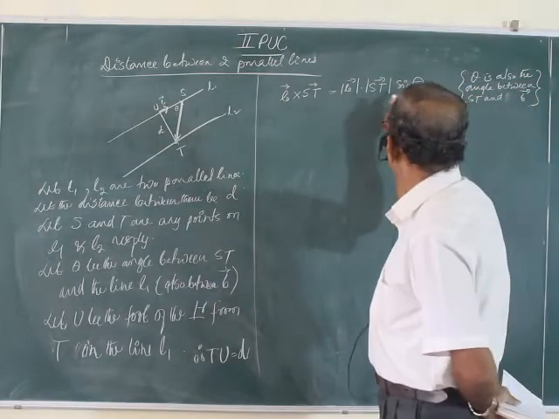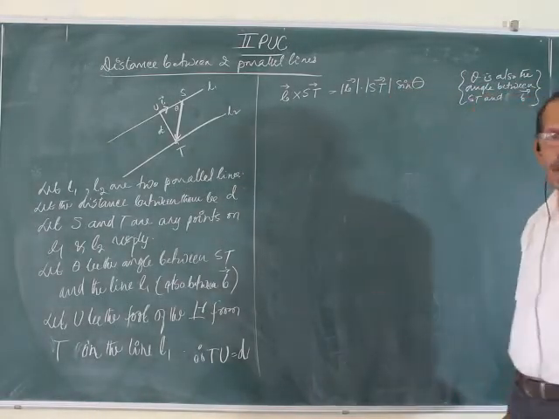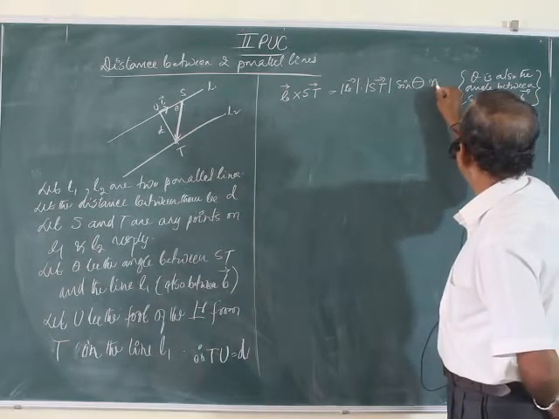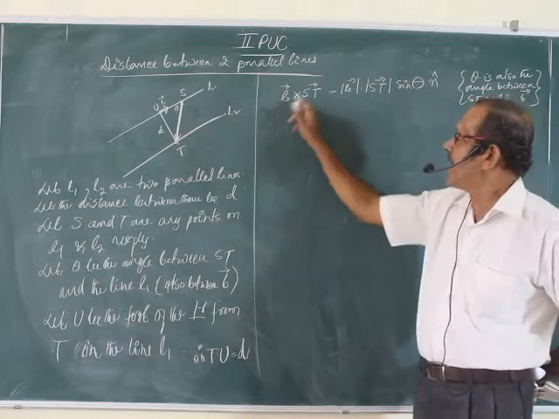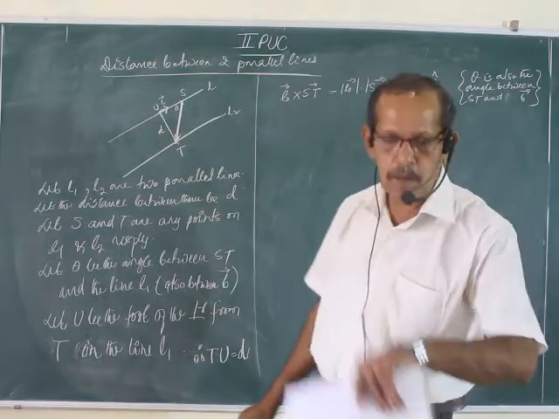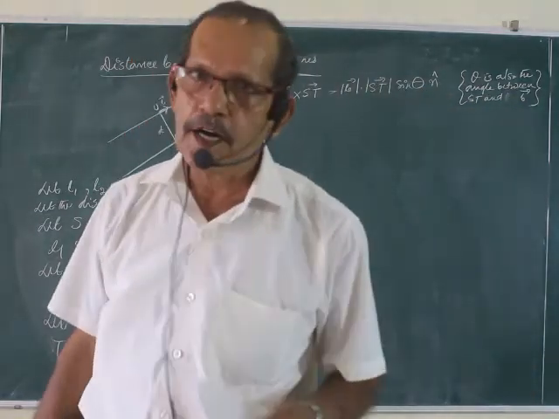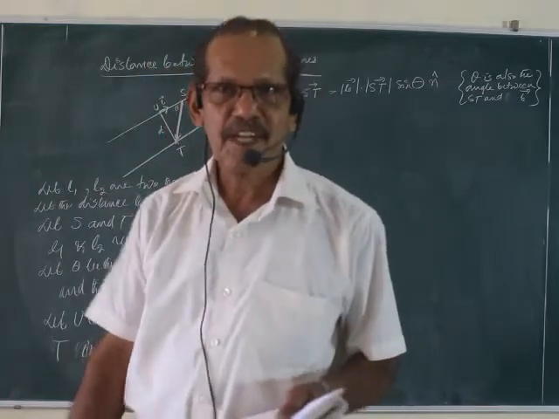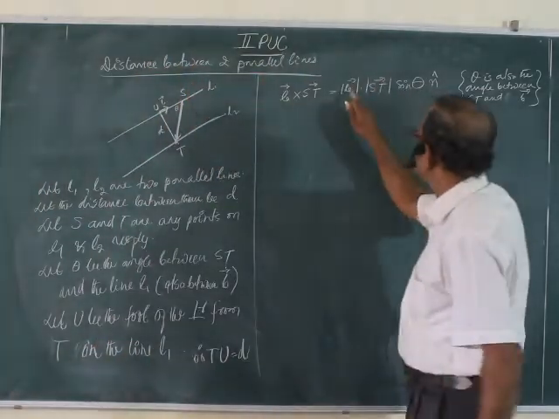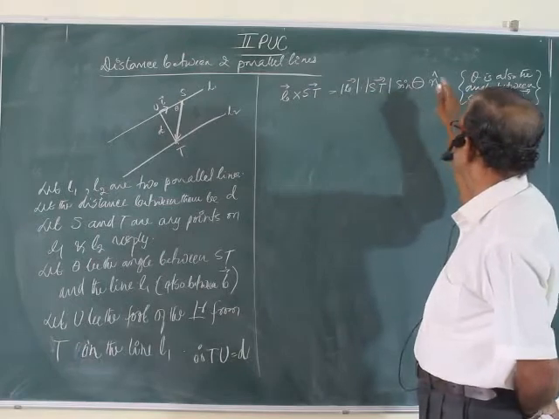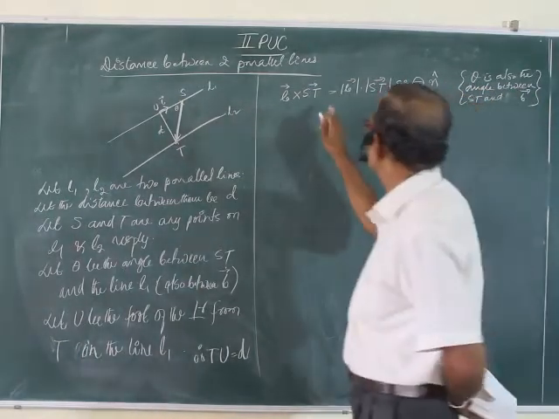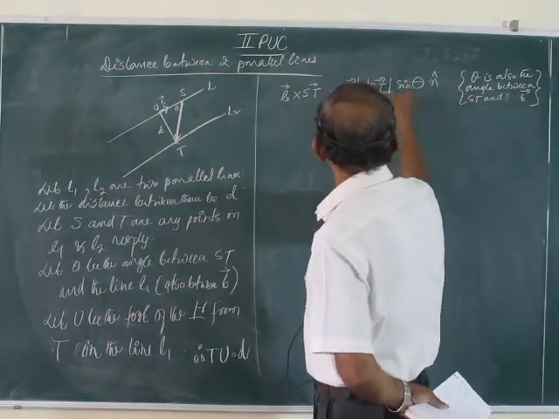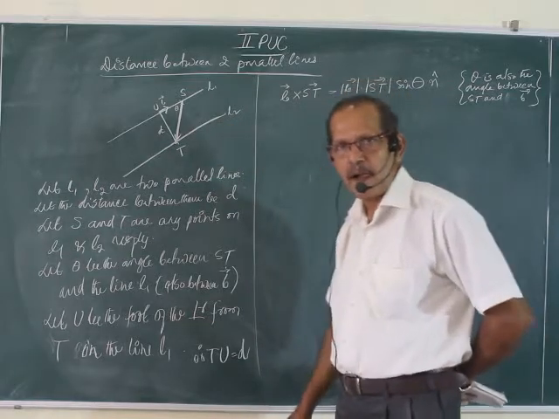Next, not only sin theta, a cross product must have n cap. A cross B equals mod A into mod B into sin theta into n cap. So it is mod B, mod ST, sin theta, n cap. Now, let me take the modulus on both sides.